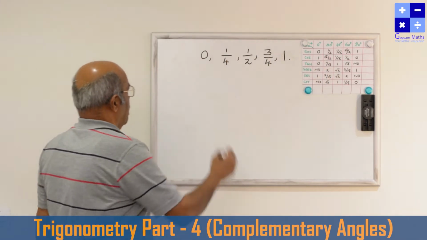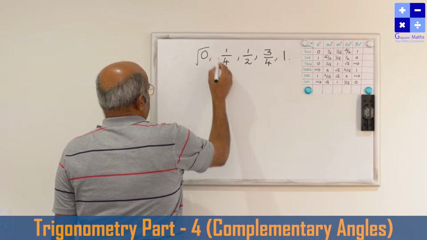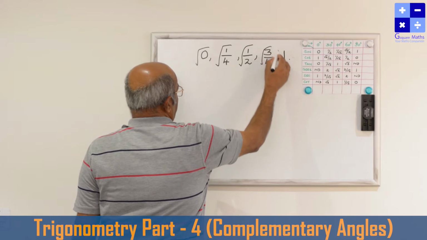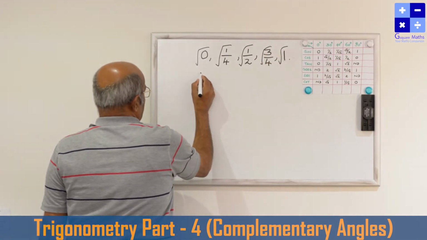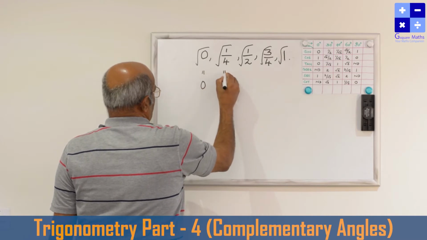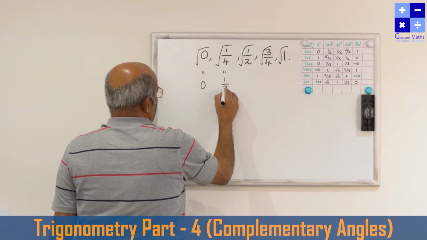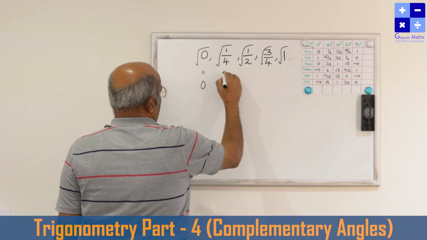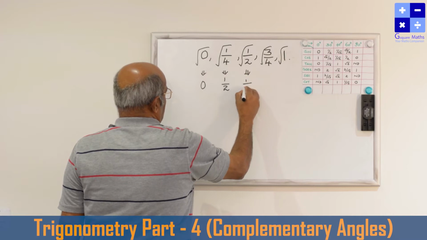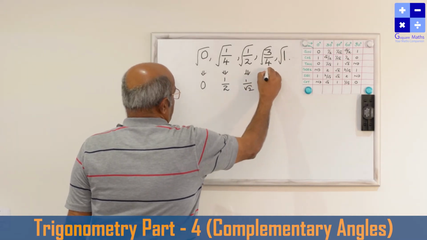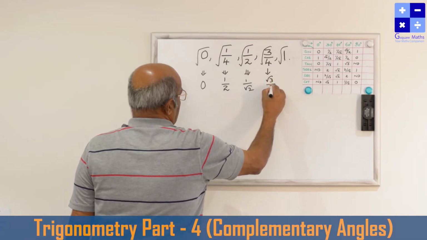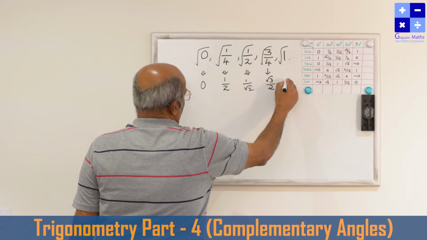How to fill it up? Take the square root of these 5 values. So this is equal to 0, and this is equal to 1 by 2, and this is equal to 1 by root 2, and this is root 3 by 2, and this is 1.